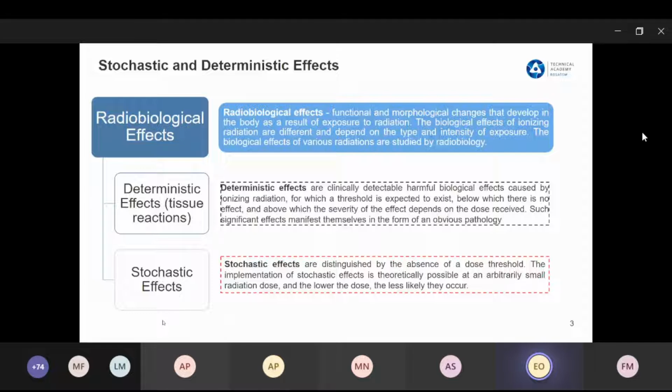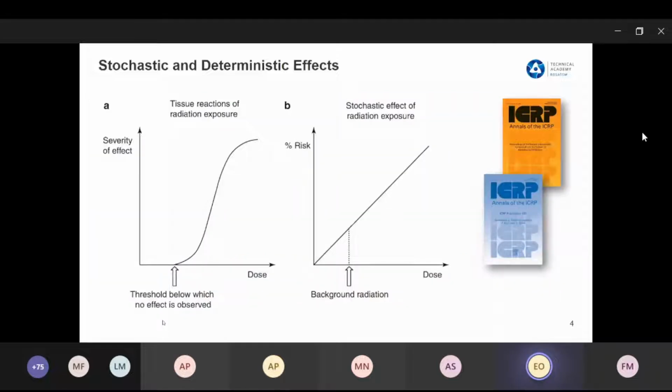For the deterministic effects, the dose-effect relationship has a sigmoid form. According to the linear non-threshold concept, the severity of the effect manifests itself linearly depending on dose. Higher dose, greater effect. And for the manifestation of these effects, there must be a threshold; the International Commission on Radiological Protection, ICRP, adopted the concept in 1959.